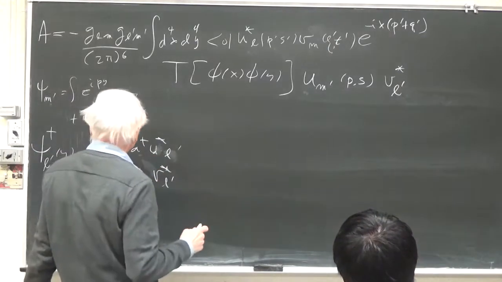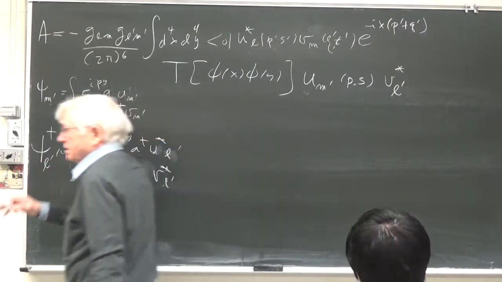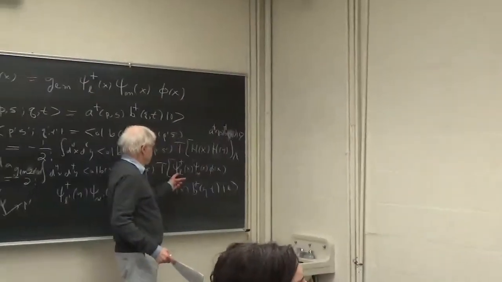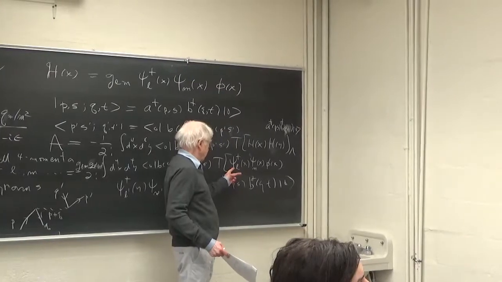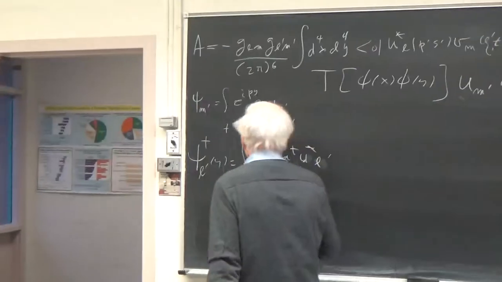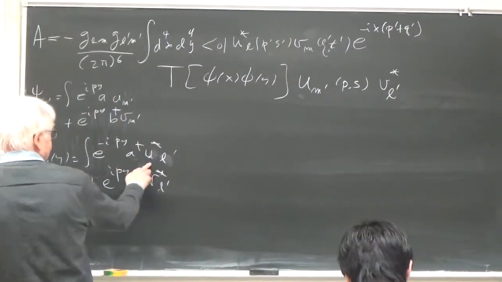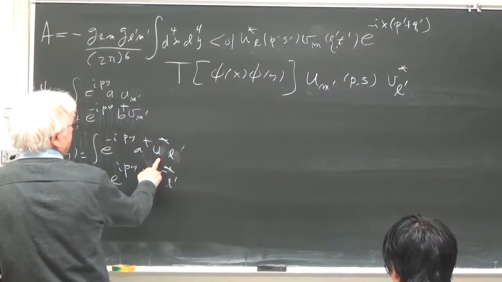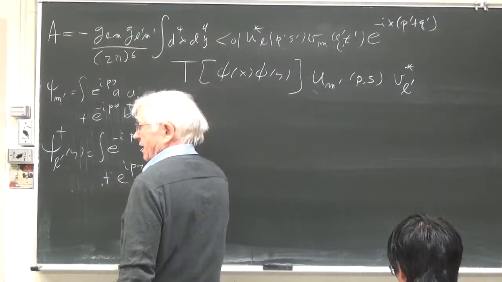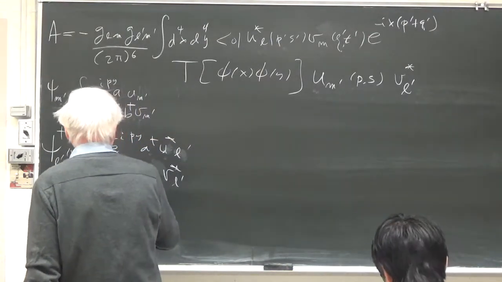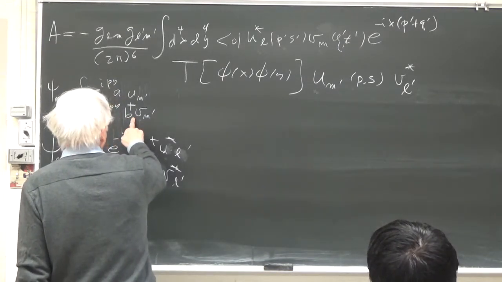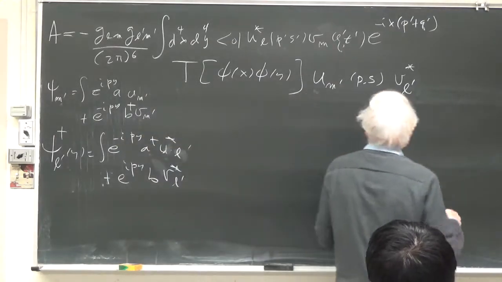And so in particular, psi dagger L is creating the outgoing particle, so it's UL star, and that's an L, and then the psi M is creating the outgoing one, and so that's VM. Okay, so this all seems to be right.